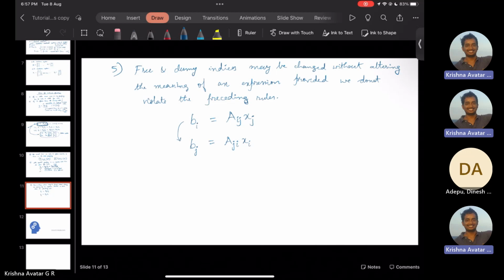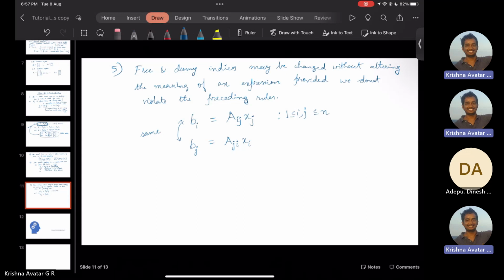It is the same thing actually. In both the cases, I and j are allowed to vary from 1 to n. In the first case, I was our free index and j was our dummy index. In the second one, it's j which is the free index and I denotes the summation, the dummy index. So by interchanging the variables, we are still able to maintain the same expression.